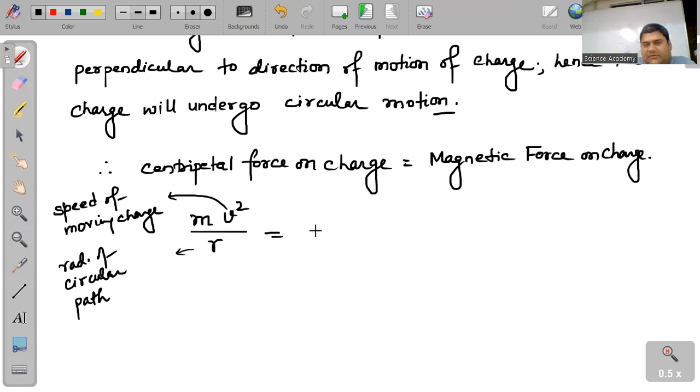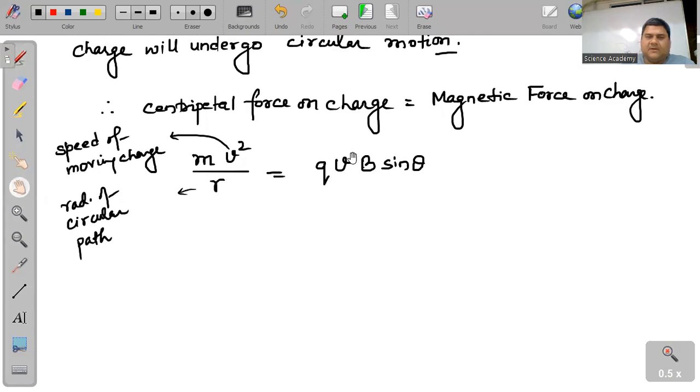This is equal to F_B, which is equal to q v B sin theta. Is that okay? v cancels.